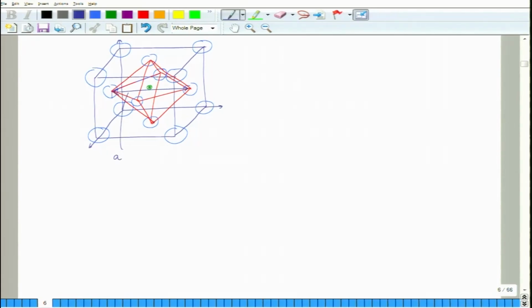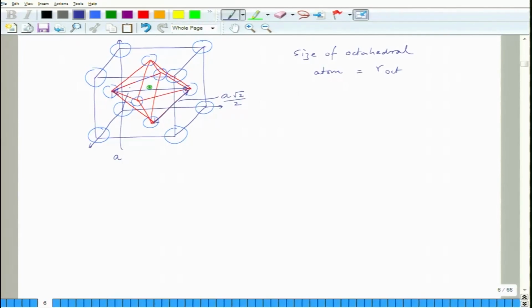And these lengths are A root 2 by 2. There is nothing but face diagonal, right? So the size of, let's say, the atom which fits in the octahedral interstices is R oct.